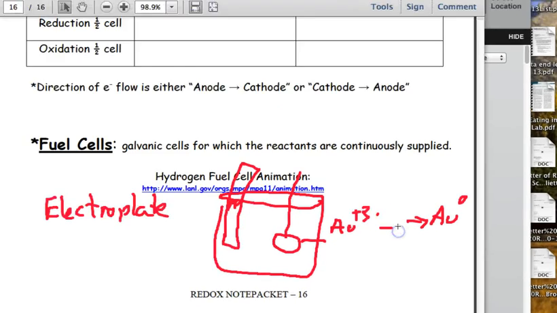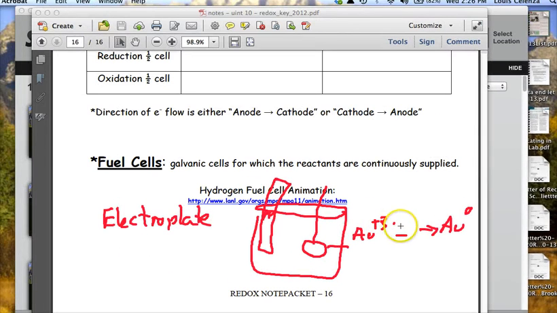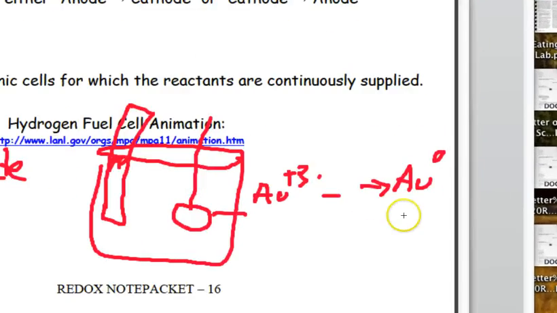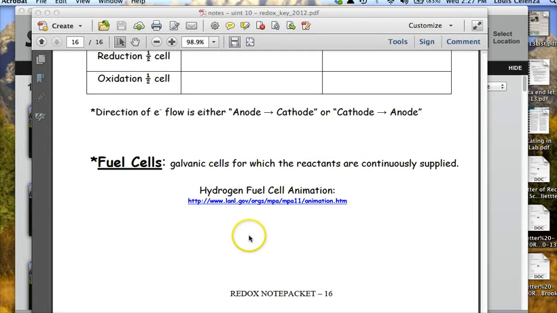In order for that to happen, the gold ions have to undergo reduction. So they would have to gain 3 electrons and become a gold atom and stick to the piece of jewelry. And again, this would be the cathode.